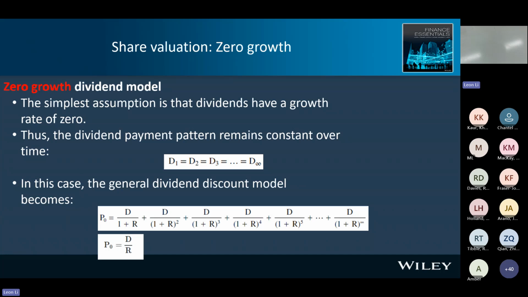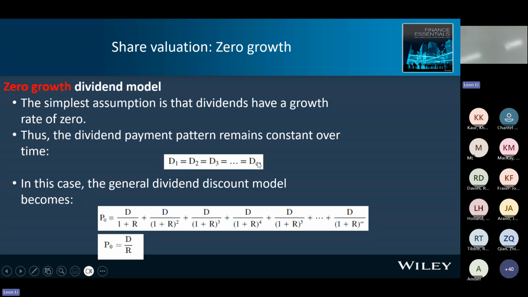The first special case is the zero growth dividend model. Zero growth means the dividend is a constant. The dividend payment pattern remains constant over time, so D1 is equal to D2, D3, to D forever.